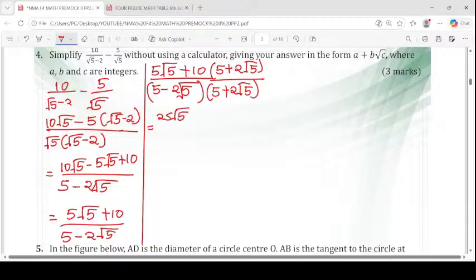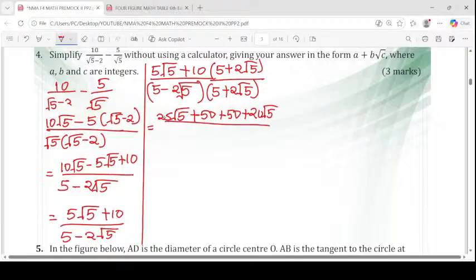What is 10 root 25, ladies and gentlemen? Remember, root 25 is like saying 5. So that will be 10 times 5 to give you 50. So this will be plus 50. Then 10 times 5 is also plus 50 again. 10 times 2 root 5 becomes plus 20 root 5.